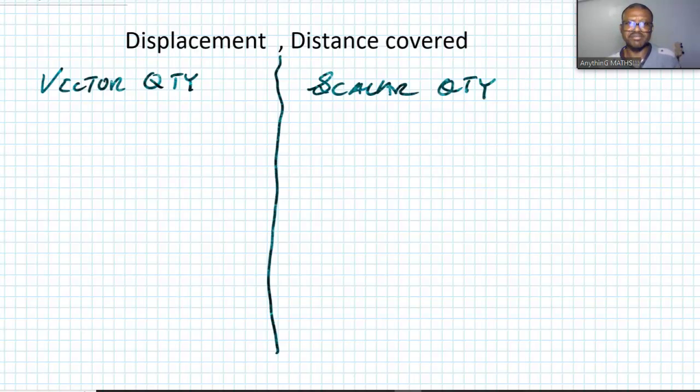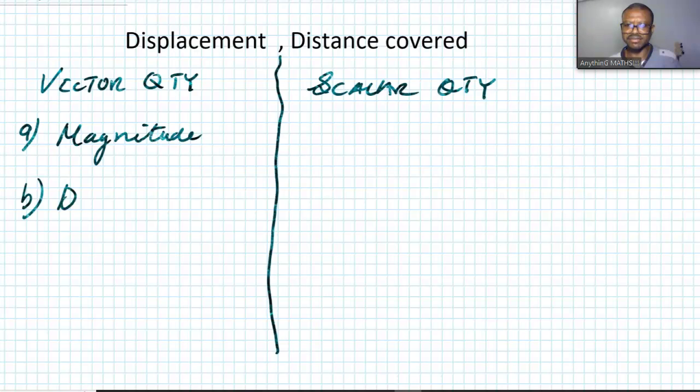Vector quantity implies one, it has a magnitude, and two, a direction as well. Scalar quantity implies only magnitude.